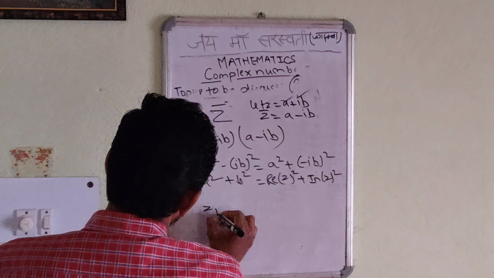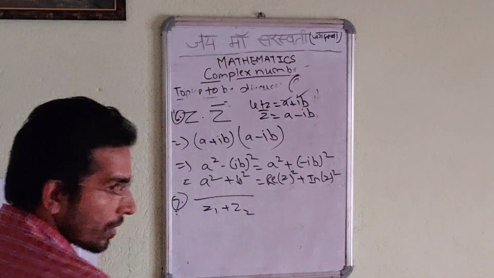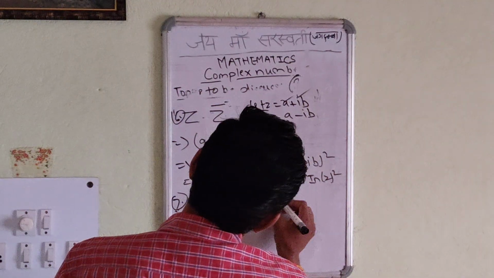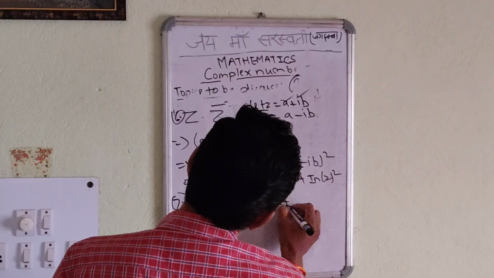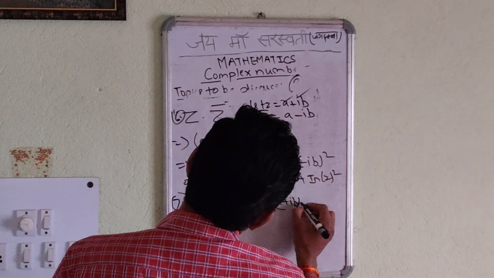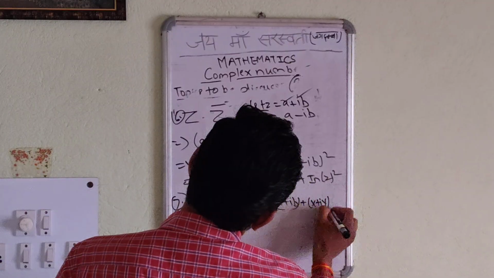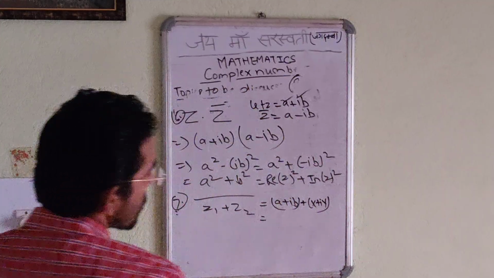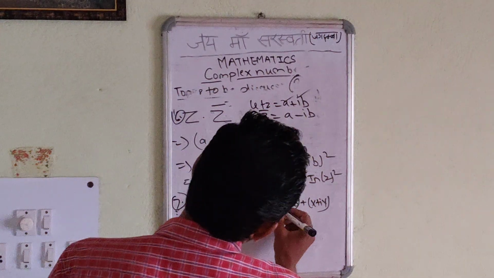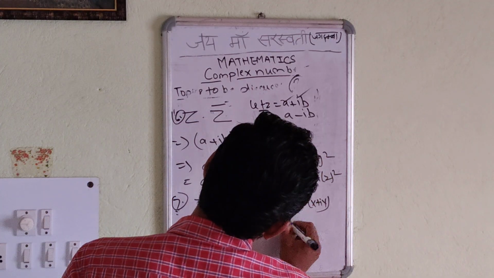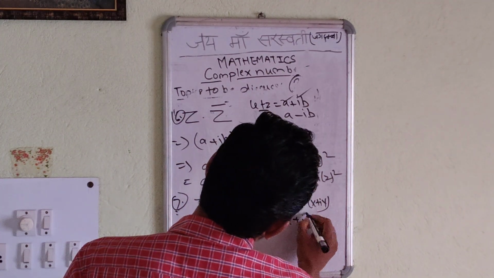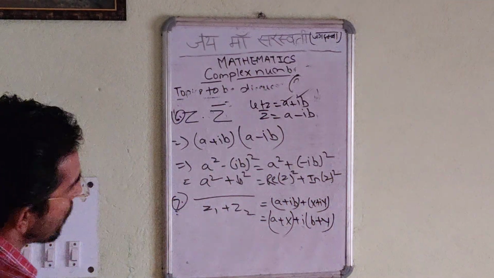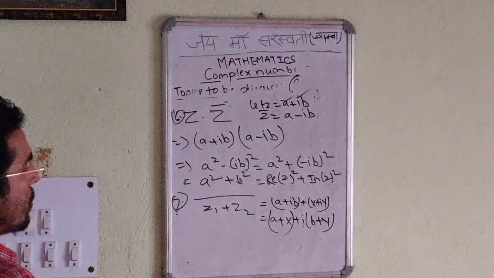If it is z1 plus z2 whole conjugate, so if we write z1 as a plus ib and z2 as x plus iy, then z1 plus z2 is a plus ib plus x plus iy. We can add here a plus x and ib plus iy, so a plus x plus i times b plus y.